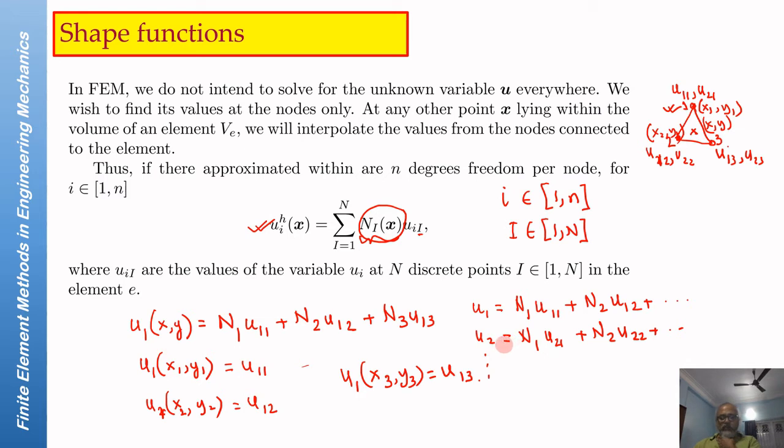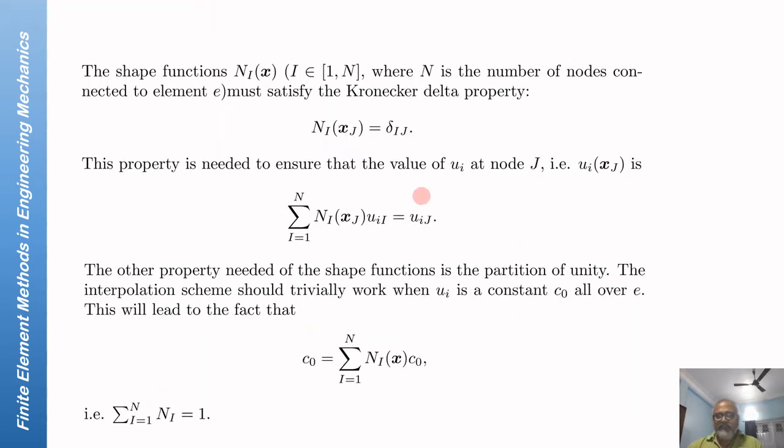In order for that to happen, these functions must satisfy what is known as the Dirac delta property. And the Dirac delta property says just this, that ni at xj must be equal to delta ij.